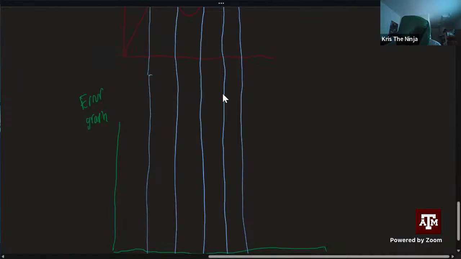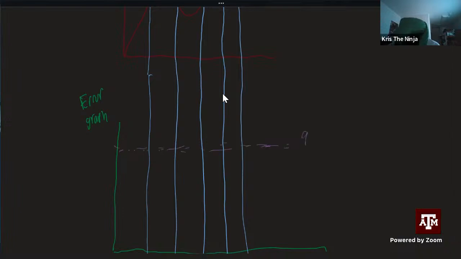So we know the error is going to start out. This is 90 degrees. Now the error is going to start out here. Then it's going to shoot way down. But nope.